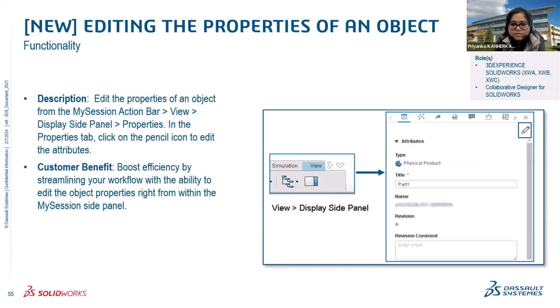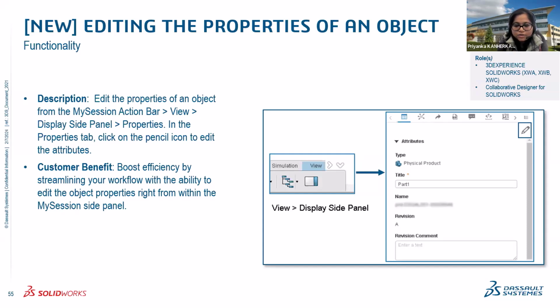Next up is editing properties of an object from the side panel. Now you can edit the properties of an object from the My Session side panel. Under My Session, you have the action bar, view, and side panel, as you see in the image on the right.